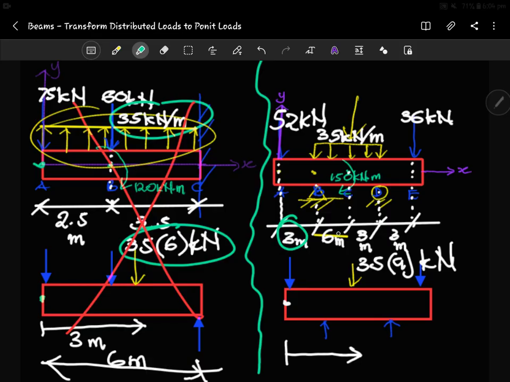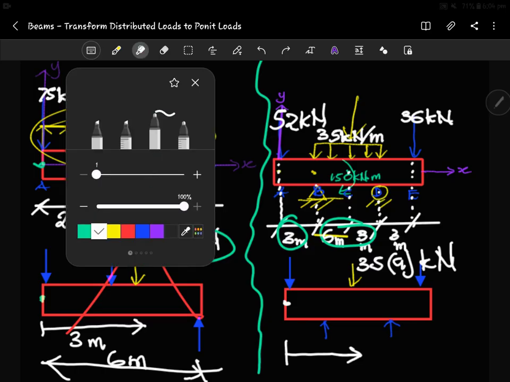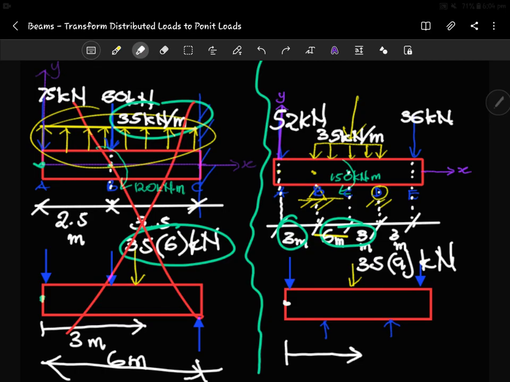As we discussed, 9 divided by 2 is 4.5 plus 3. That gives us 12.5, right? So we're now getting 12.5 to be the location of the uniform distributed load in this case. That's 12.5 meters from the origin, right?